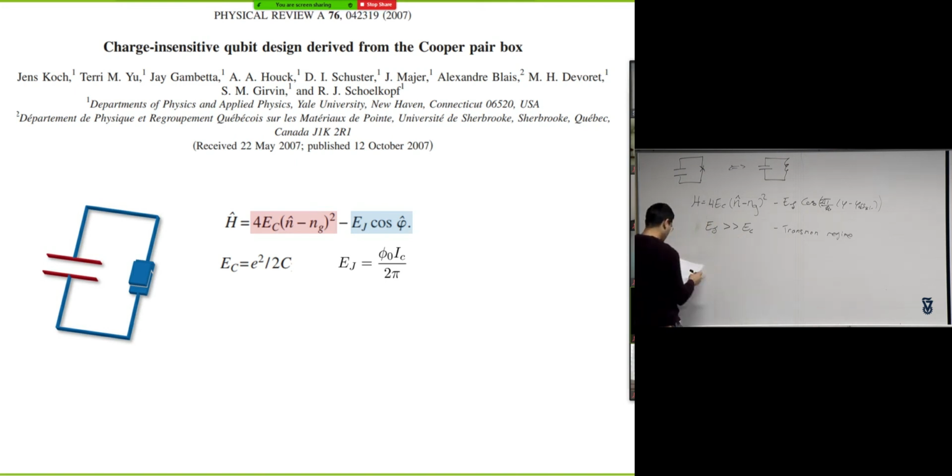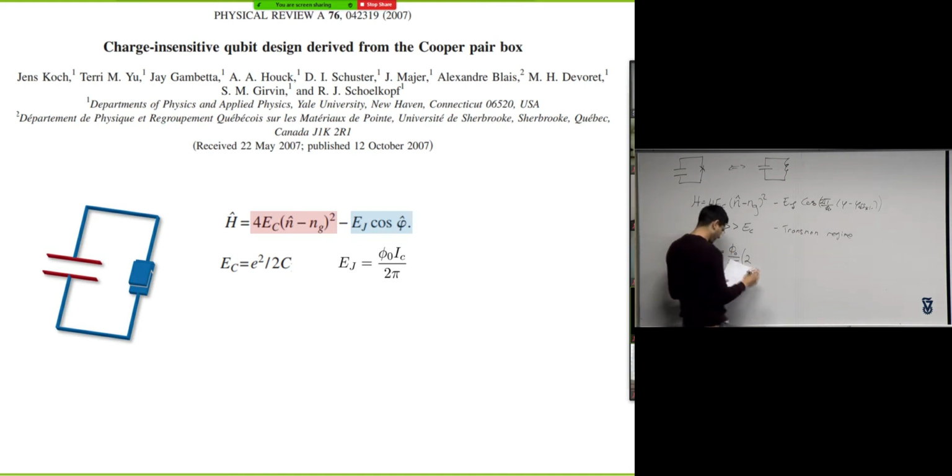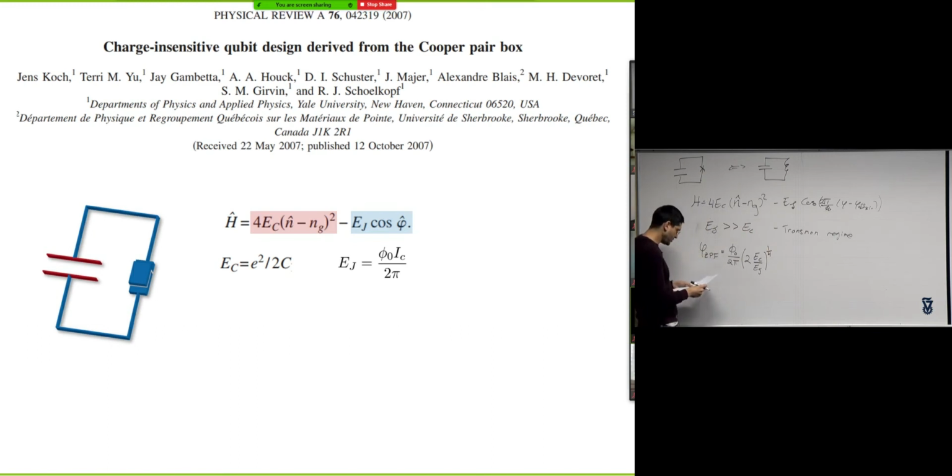What this means is that the zero-point fluctuations, if I look at the zero-point fluctuations of phi and write them in terms of EJ and EC, you will get this. So it's phi naught over 2 pi, phi naught is the flux quantum, times EC over EJ to the power of a quarter. This is the zero-point fluctuations.